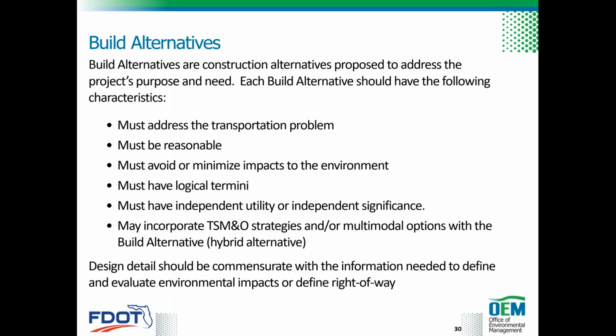When appropriate, consider opportunities for developing hybrid alternatives that could incorporate TSM&O strategies and/or multimodal options with the build alternative to meet the purpose and need. The design detail of the build alternative should be commensurate with the information needed to define and evaluate the environmental impacts and to define the required right-of-way.